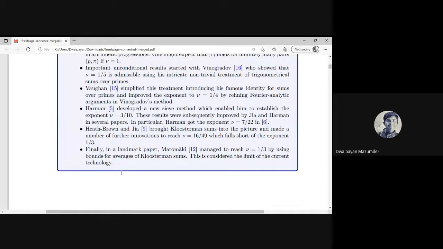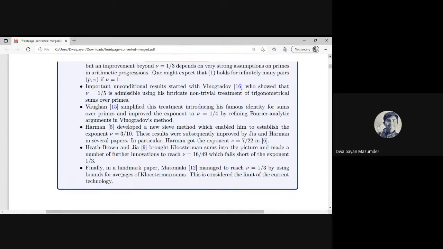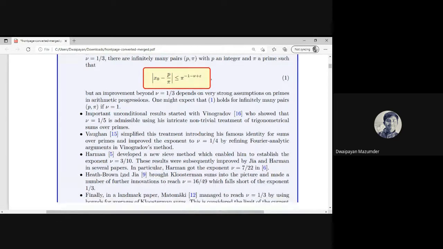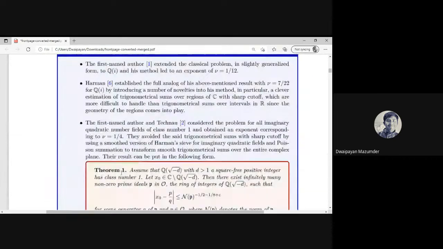The latest one was by Matomäki, who managed to reach nu equal to 1/3 by using bounds on averages of Kloosterman sums, and that is considered the limit of the current technology. One can expect that nu may be one here, but we still don't know whether that's possible or not.